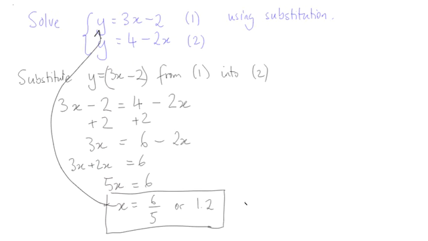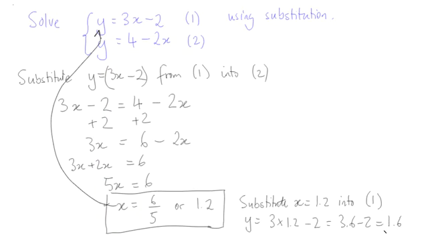So substitute x equals 1.2 into equation 1, and I get y equals 3 times 1.2 minus 2, which is 3.6 minus 2, which is 1.6. So the solution of this is x equals 1.2, y equals 1.6.